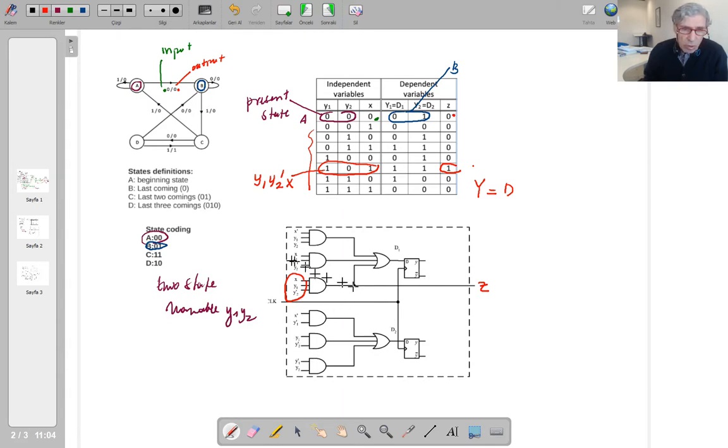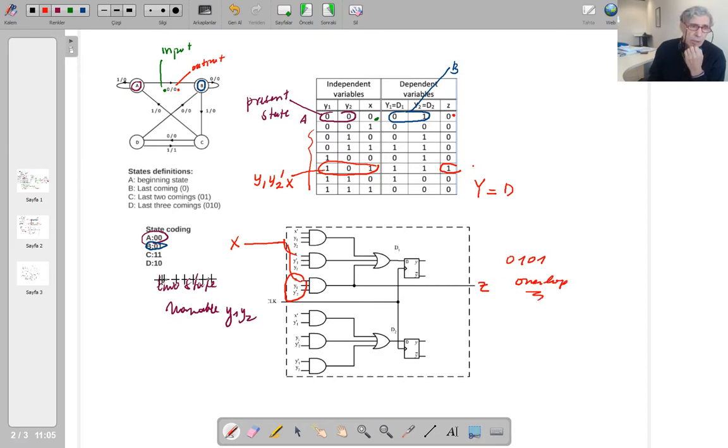This is clock, and x prime comes here, x directly comes here, x directly comes here, x prime comes here. So you see, one input, one output. So this is our sequence detector, the sequence that we detect is 0, 1, 0, 1 overlap case.